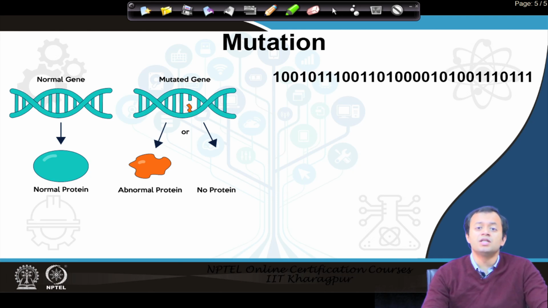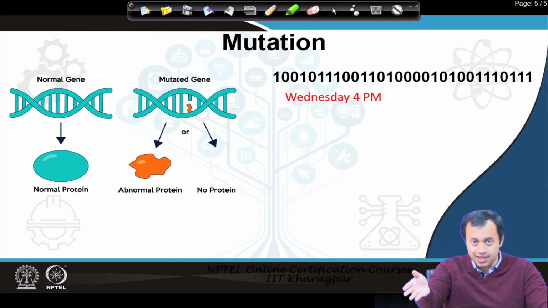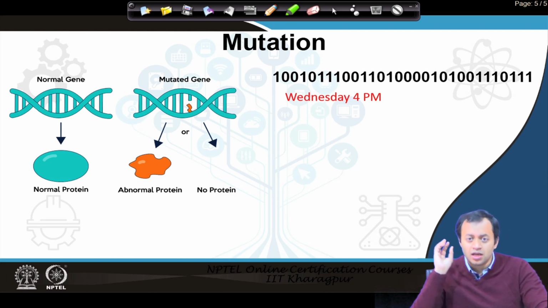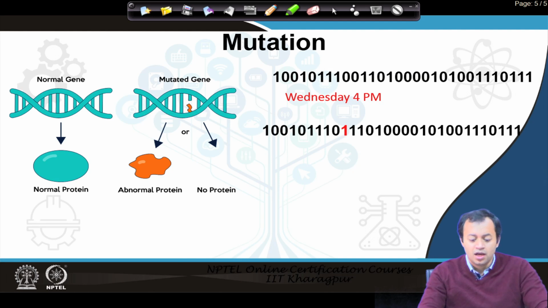This was our original message that the spy received, asking him to come on Wednesday 4 p.m. Remember what I said, for validity it has to have a start code, a start triplet, and only the information between start and stop is valid. By any chance, malfunction, corruption, mistake, mischief, that part gets changed. So, there is no start code in this entire stream, meaning there is no message coming up.